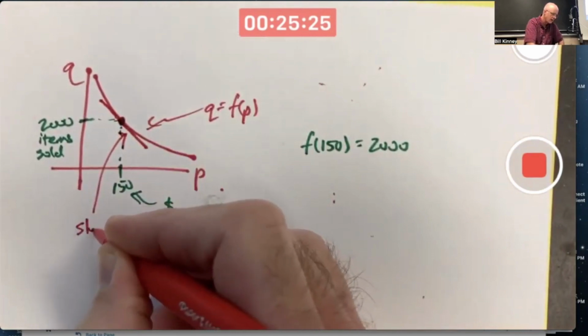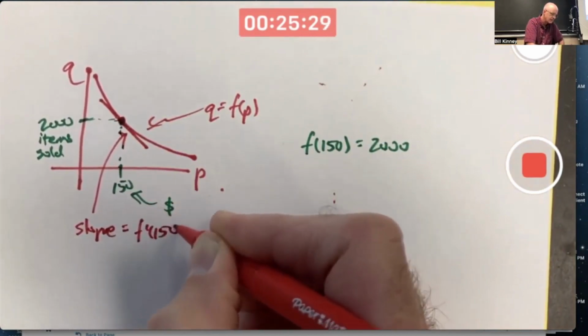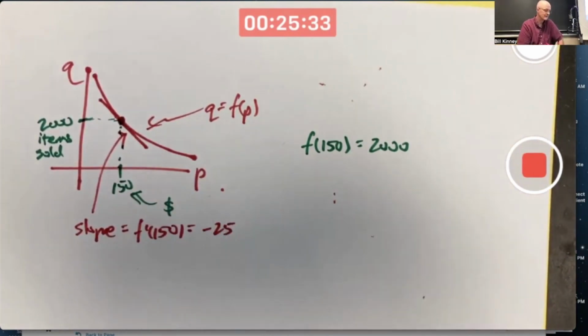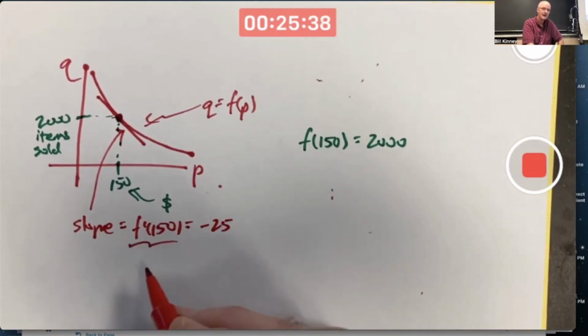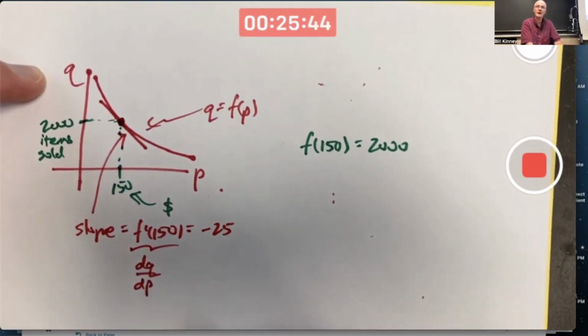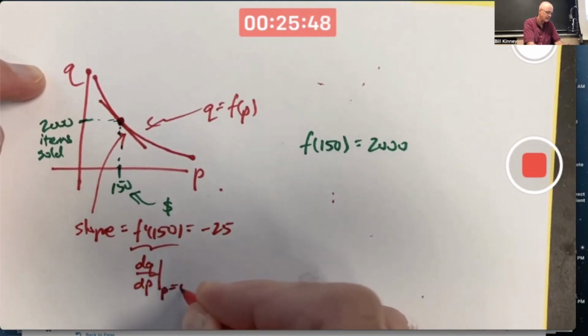The slope there is F prime of 150. It's negative 25. What are its units and what is its meaning? In Leibniz notation, I won't make a mistake this time, it's dQ/dP, the rate of change of quantity sold with respect to price, evaluated at p equals 150.